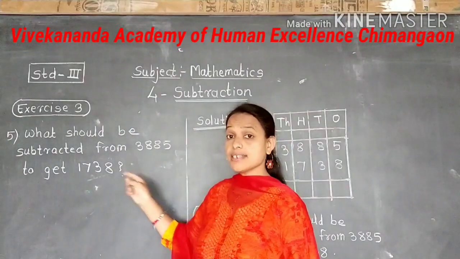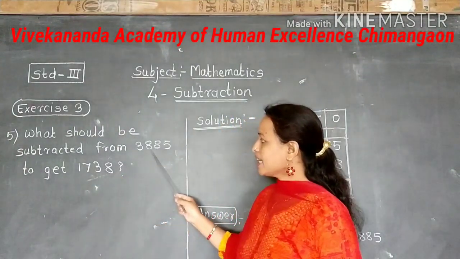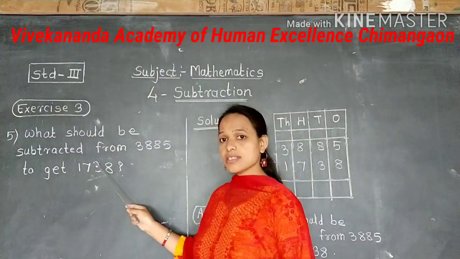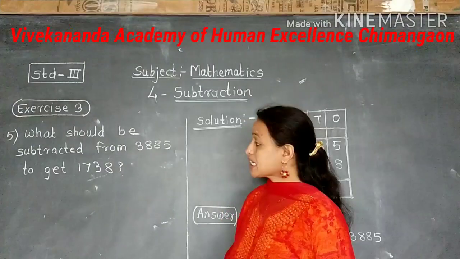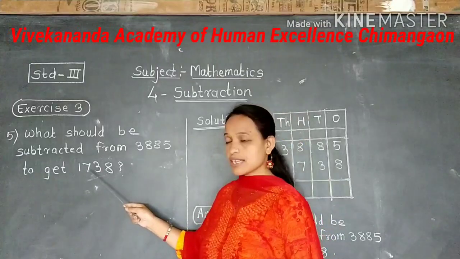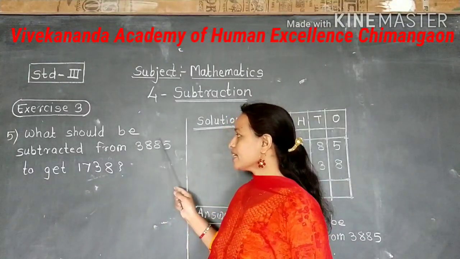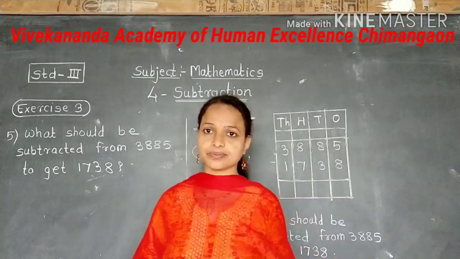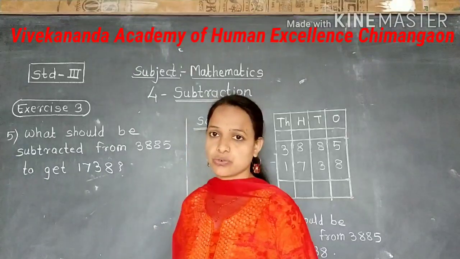What should be subtracted from 3885 to get 1738? It means here we have to subtract 1738 from 3885 to get that number. Understood? So let's see its solution.